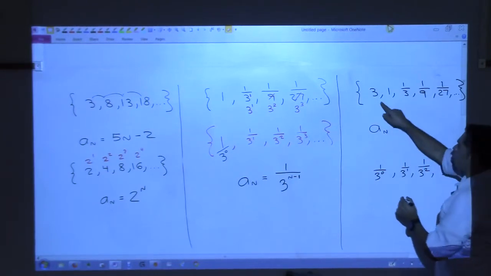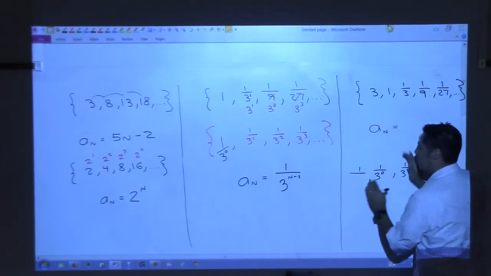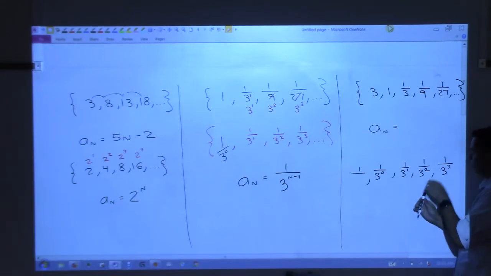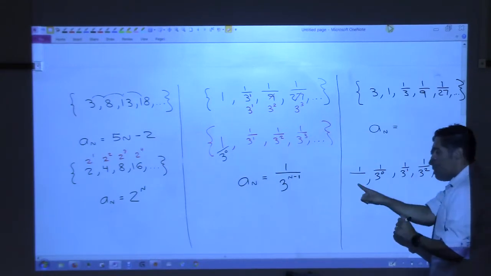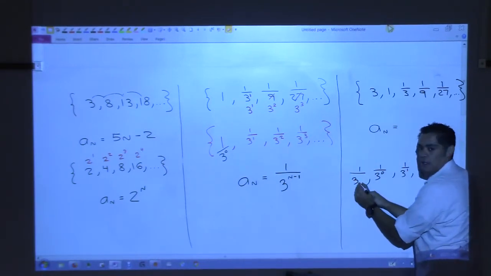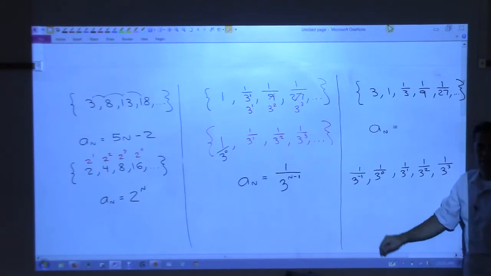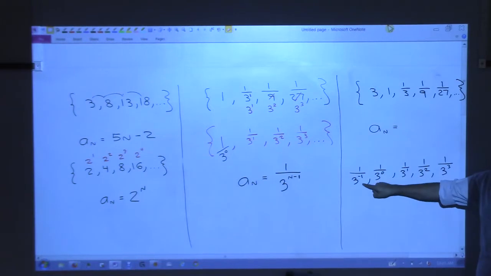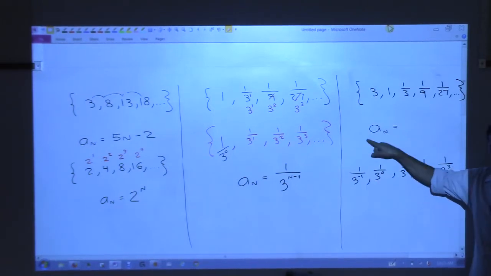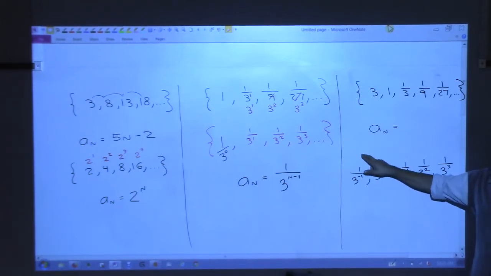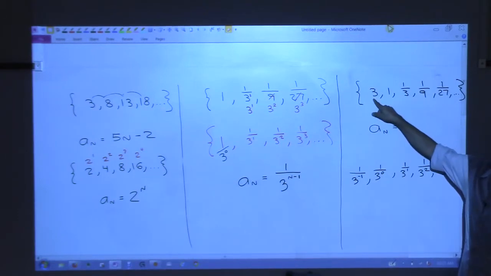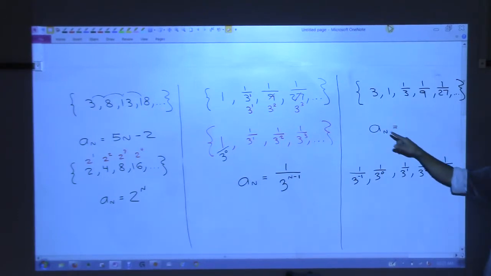So that first one, if it's gonna follow this pattern, then this one would have to be 1 over 3 to the negative 1, right? Yes, 1 over 3 to the negative 1 is really 3 to the positive 1 because you would push that up, which is 3. Does that make sense? Yes.